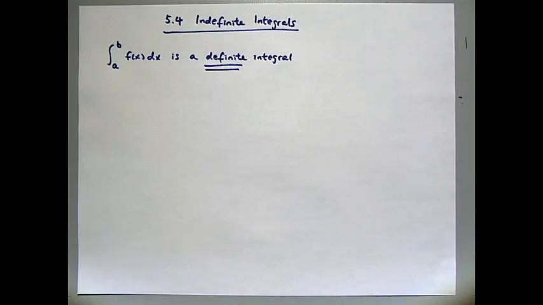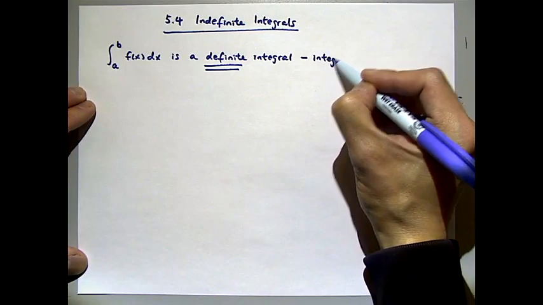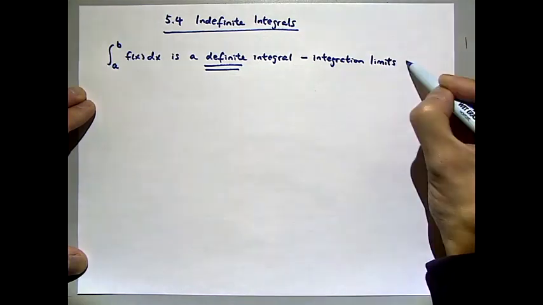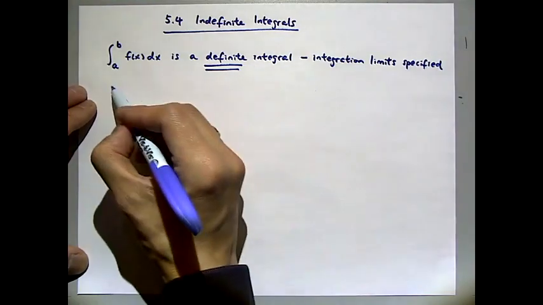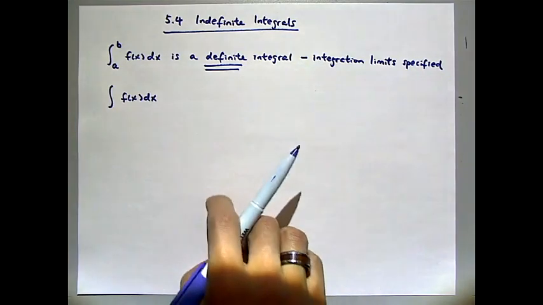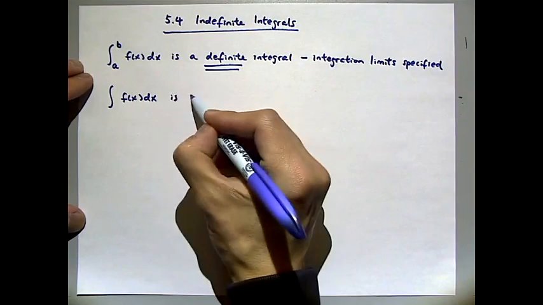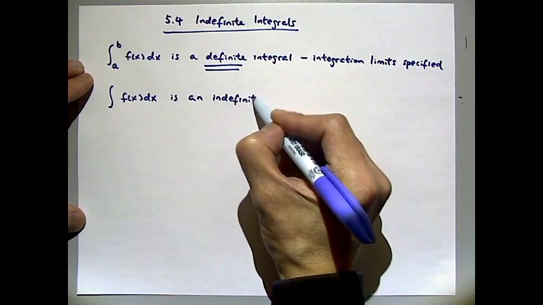You can think of it as the integration limits being specified. You definitely know where you start and definitely know where you end. So the important distinction here is that the integration limits are specified. If I just write the integral symbol without the integration limits attached, then we call that an indefinite integral.